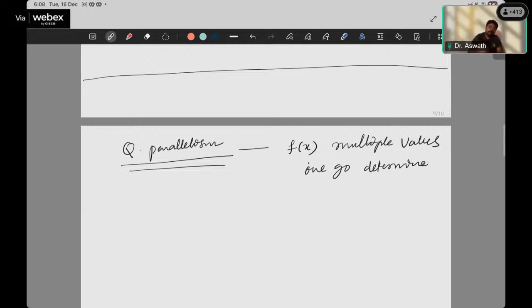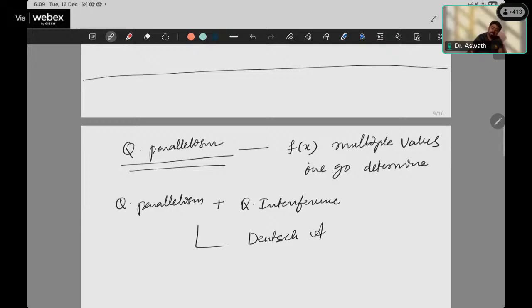You add that quantum parallelism, and if you add to it quantum interference, what will you get? You will get the Deutsch algorithm. What is the Deutsch algorithm?